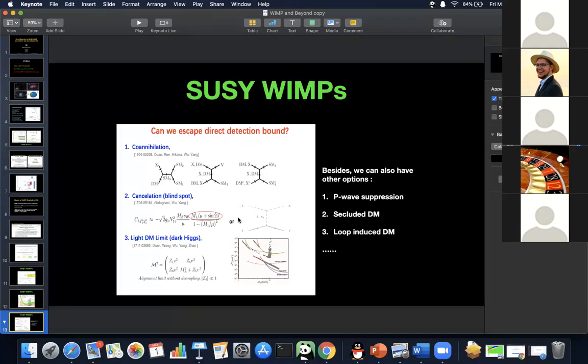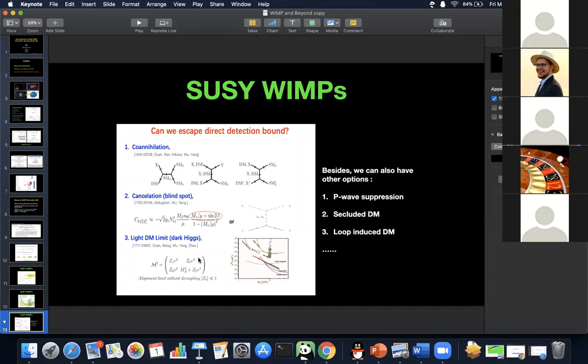This is about the blind spots method. We can also escape the direct detection in the very light dark matter limit. This limit is also called dark Higgs.